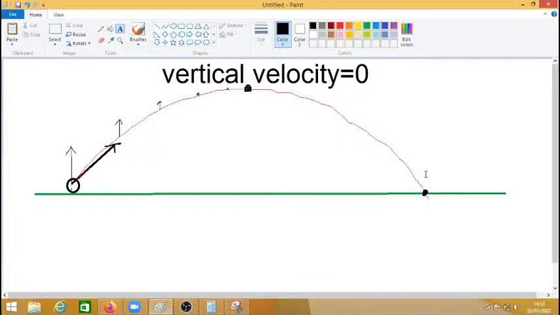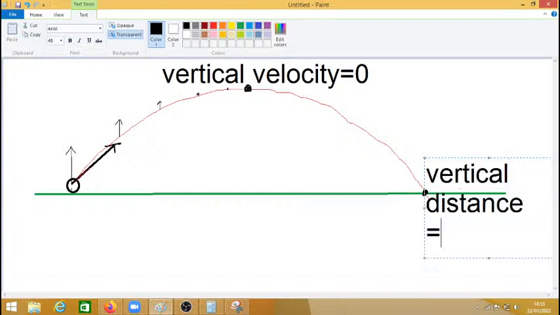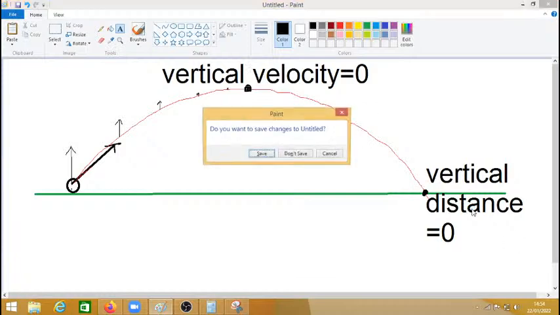When it reaches back to the ground, we know that the vertical distance is equal to zero again. It was 0 meters above the ground at the beginning, and it will be 0 meters above the ground at the end. So that's how you can find out the total distance it's traveled and the time it's taken by using those two facts, if you can understand them.